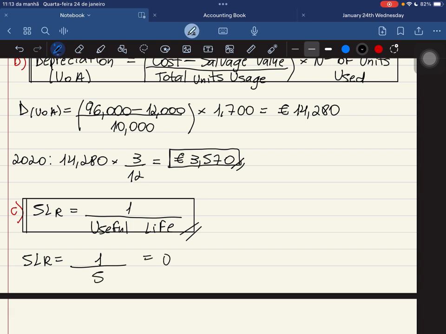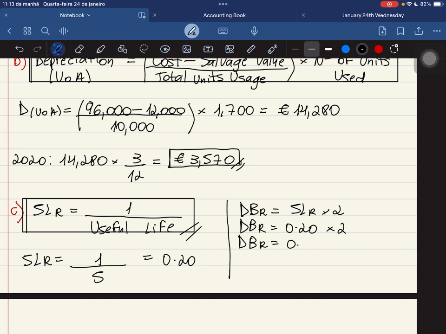Yeah, that is 0.20. For the declining balance rate, it's just going to be the straight line rate times 2. So in our case, it was originally 0.20, 20% times 2. We are going to have 40% rate of depreciation per year.